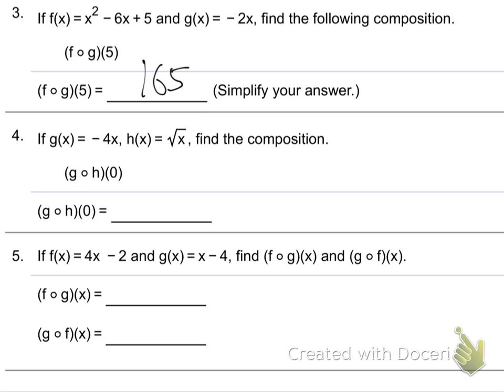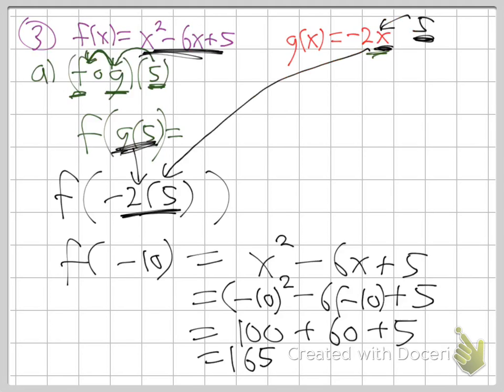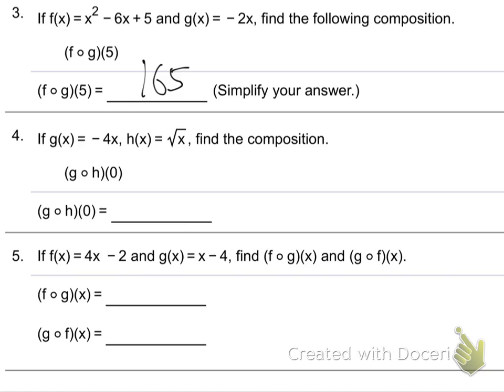Now let's jump down. We've got 5 minutes remaining. Let's jump down to number 5 and do that one. f of x is 4x minus 2, and g of x equals x minus 4.